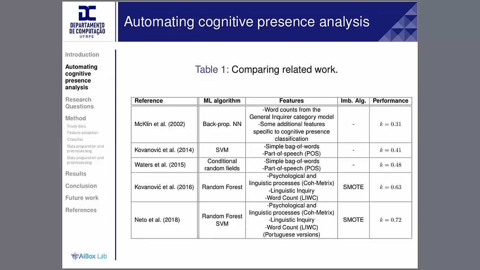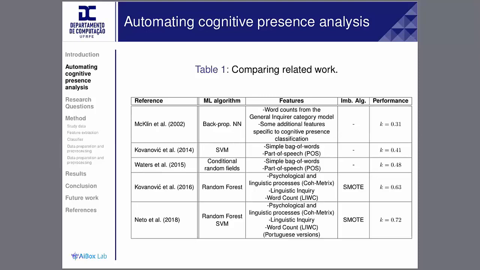In the later 2 works, they dealt with the imbalance problem using SMOTE. SMOTE is a sampling algorithm used to balance the data set. It is an oversampling algorithm and it increases the number of instances of the minority class to balance the data set.